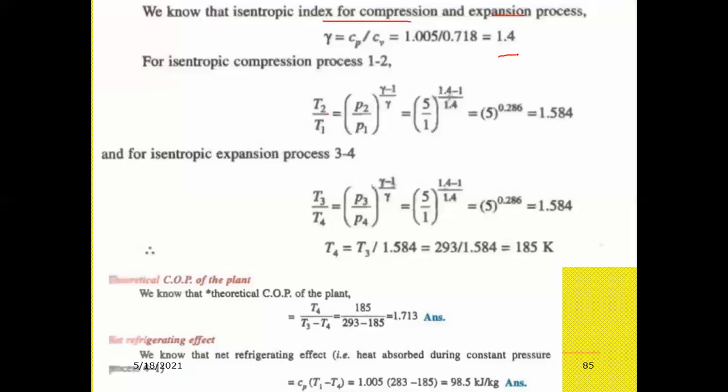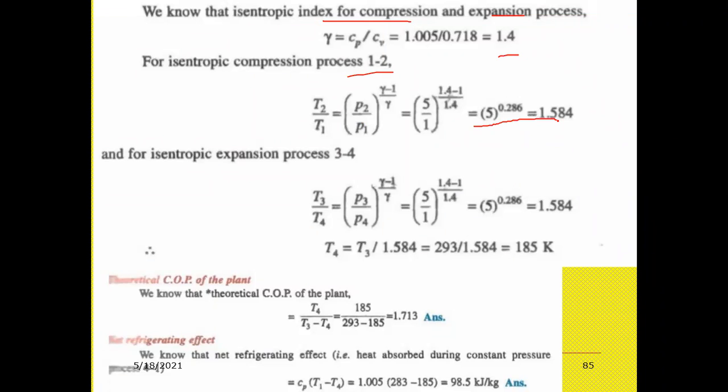Next, from the figure, the isentropic compression process 1 to 2: T2 by T1 is equal to P2 by P1 to the power of gamma minus 1 by gamma. So substitute the values, P2 5 by 1, to the power of 1.4 minus 1 by 1.4. Upon substituting, you get T2 by T1 equal to 1.584.